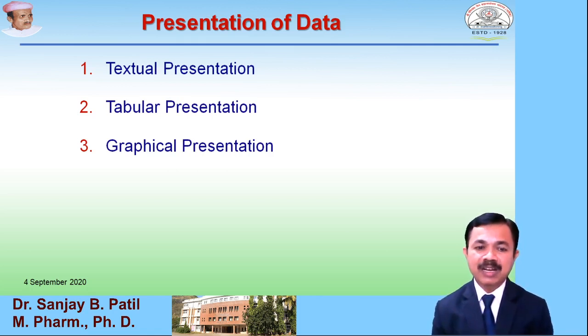And the third way of presenting data is graphical presentation of data. The data which is presented in the form of graphs, charts, diagrams is known as graphical presentation of data.